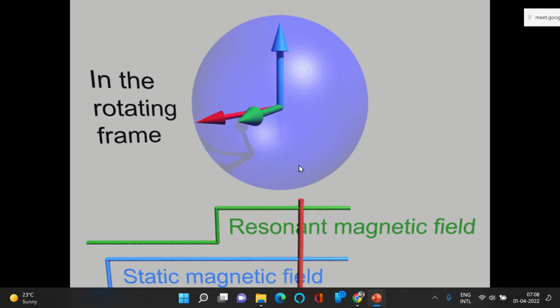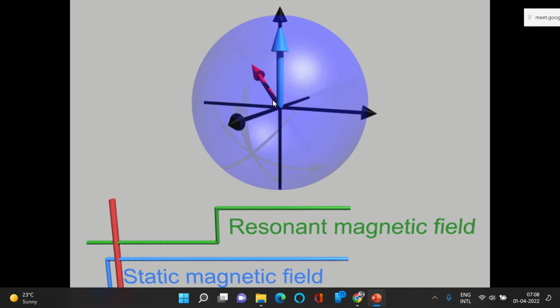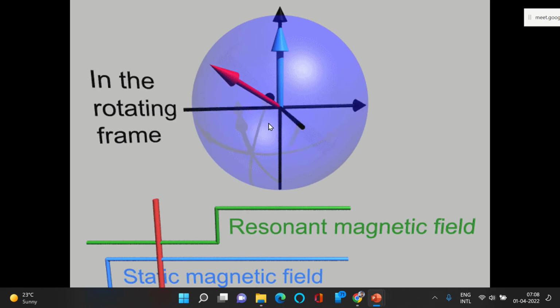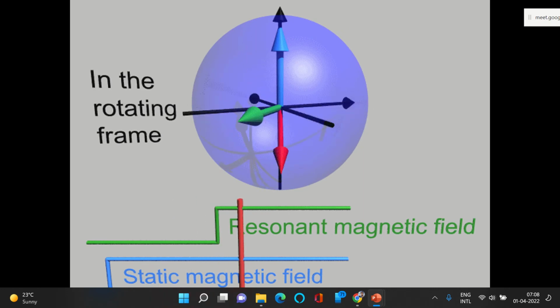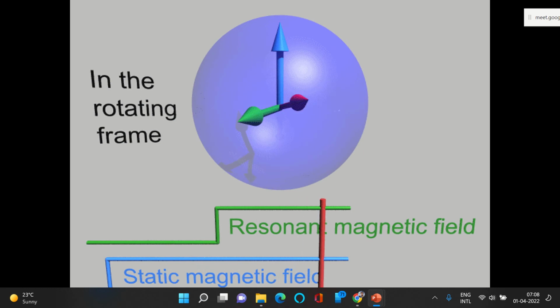This is the basic idea: it starts precessing, and this precession depends on the length, the time duration, of the pulse.